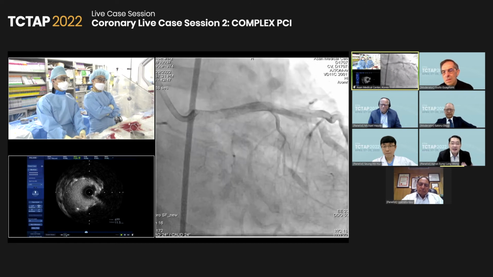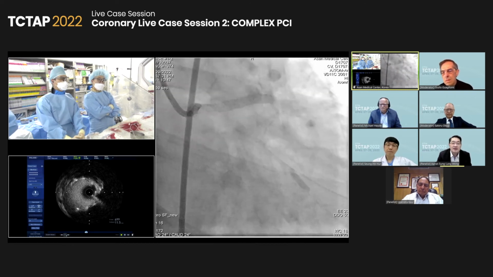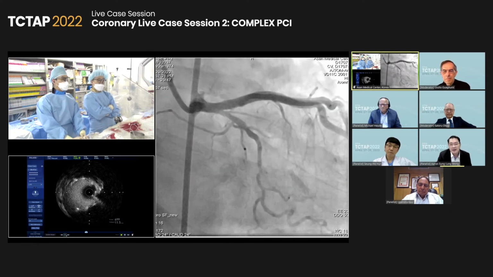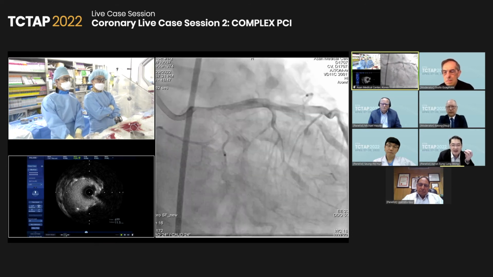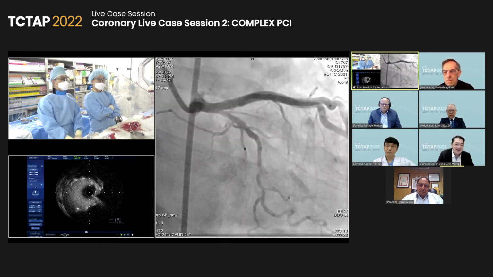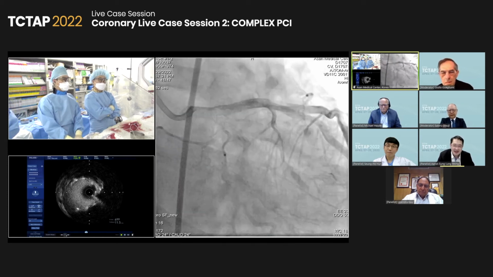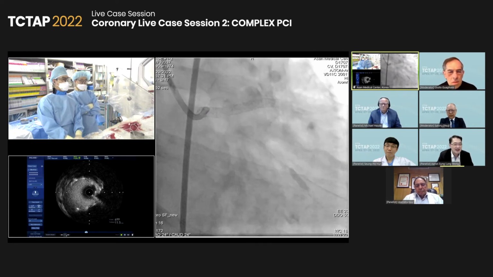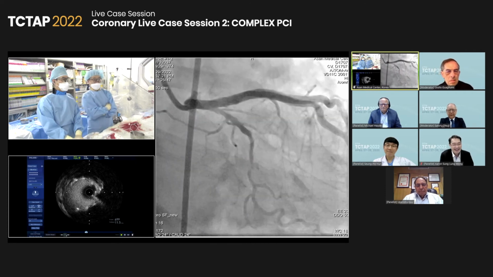So for the next intervention, hopefully it won't come back, but if it does, it will be very difficult because with the stent outside the left main, the guide engagement will be a little troublesome. So I would probably just miss the ostium a little bit, to prepare for the next time, so that the next engagement will be much easier. Yeah. Absolutely, we hope there would be no ISR in the future.